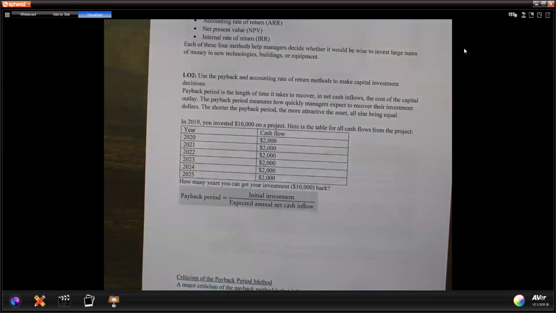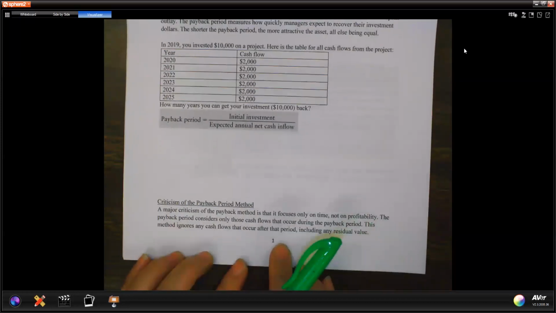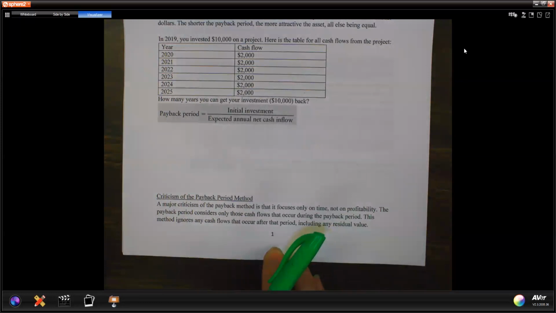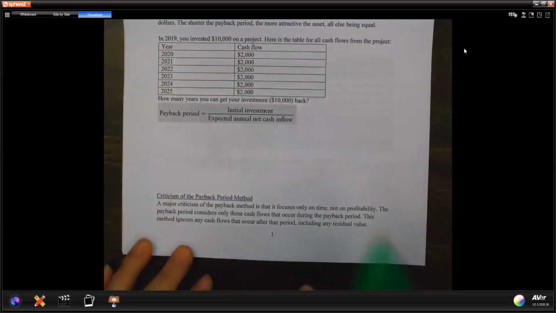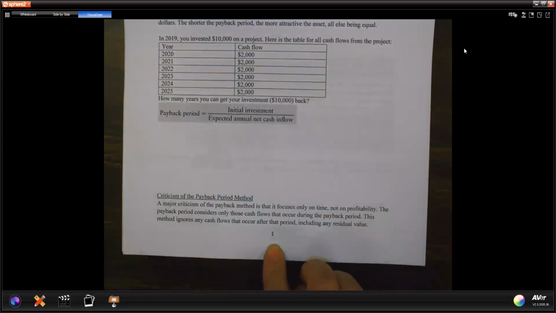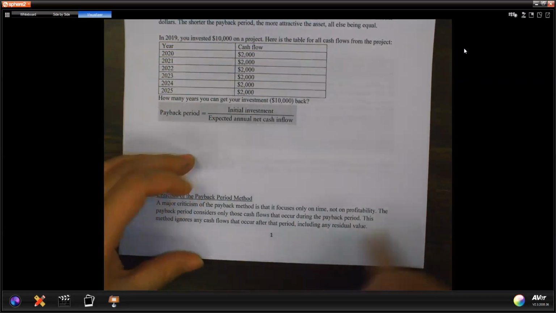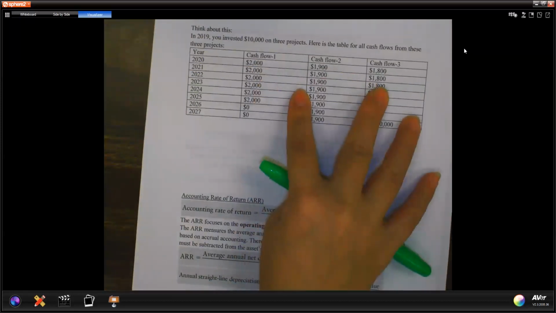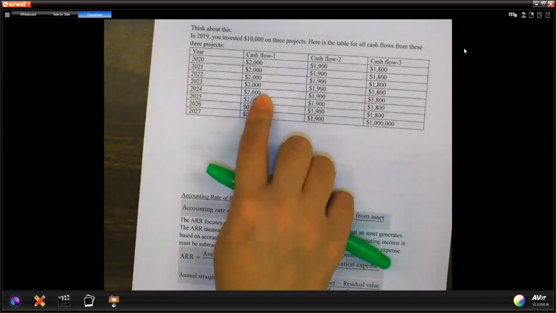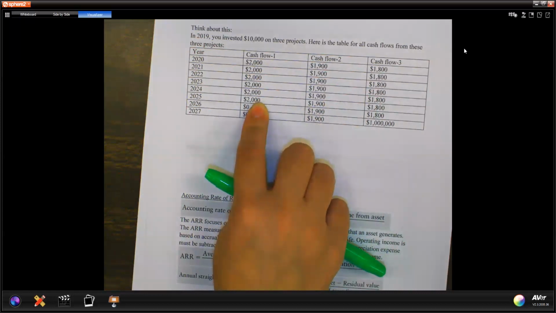That's the payback method. One thing is that it doesn't think about time value of money. The other thing is that it just thinks about the time, not the profitability. Some projects give you a quick period to get your money back, but overall your profitability may be less than other projects. Let's think about this situation. You have 3 projects. The first one gives you 2,000 every year for 6 years.